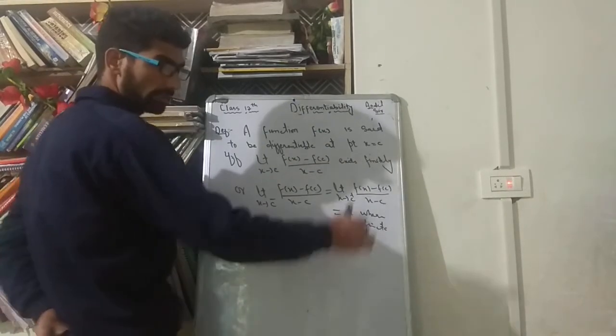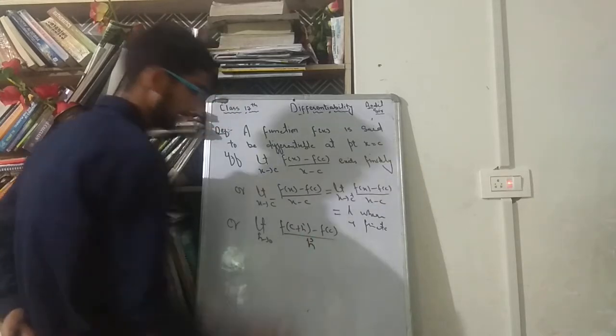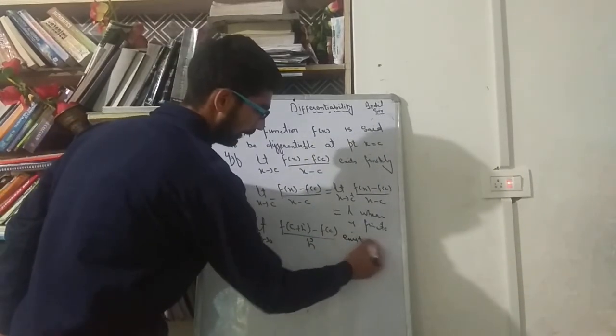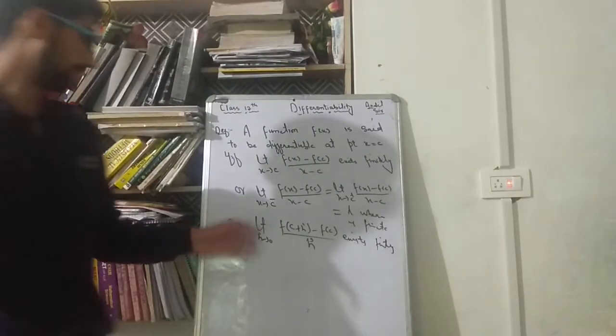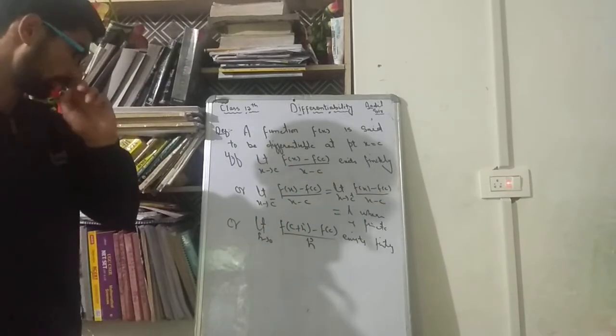The c and c get cancelled, so it is h, and the limit exists finitely. So either you check this limit as x tends to c, or you check this one. It is up to you.